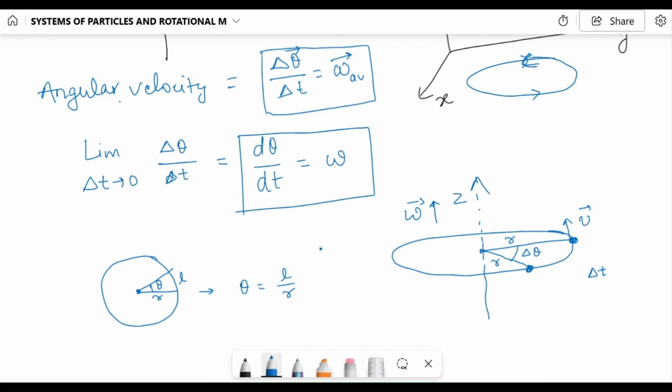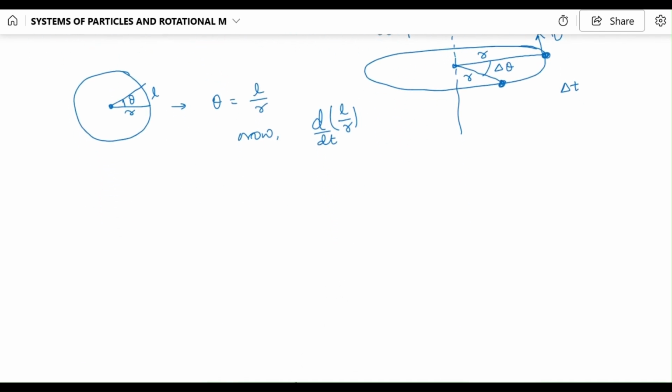Now we want to know the relation between this linear velocity, initially its magnitude, because we know its direction: it is always tangential at any point on this circle. So what is d theta now? d theta can be written as dL by R, by dt. So we can write 1 by R, then dL by dt.